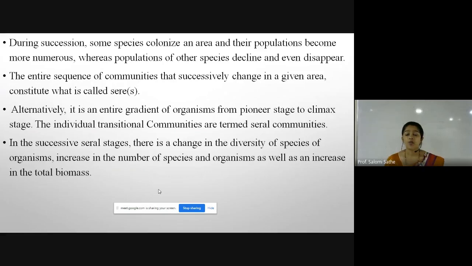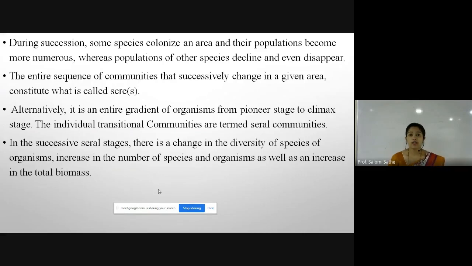Lichens mostly grow on barren rock, and with the help of their acid secretion they play an important role in soil formation. Due to this, from the barren rock, soil formation takes place with the help of lichen, which secretes a particular acid, and with the help of this acid the soil is developed.